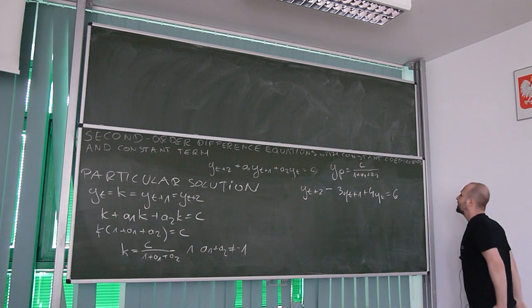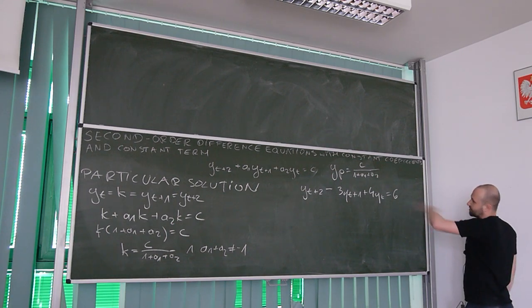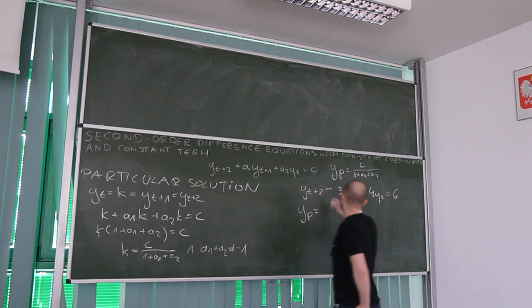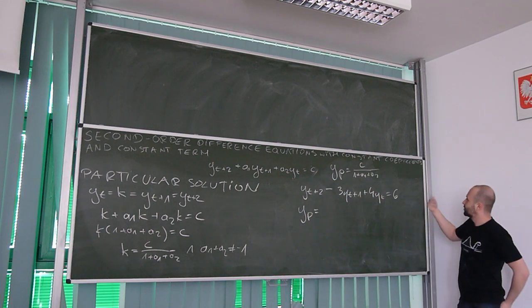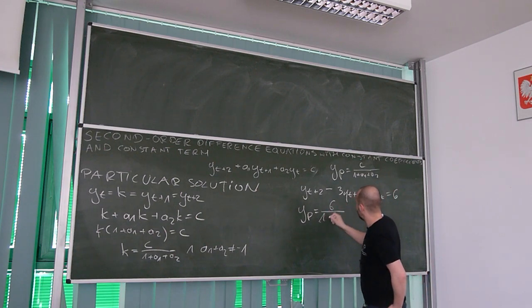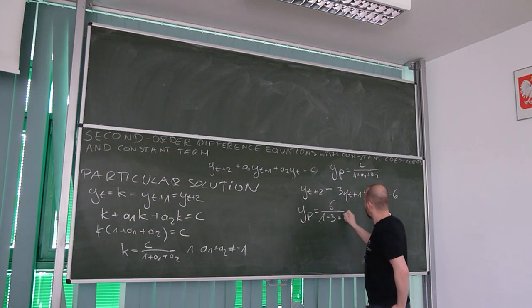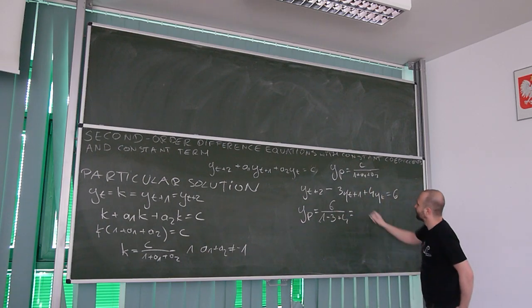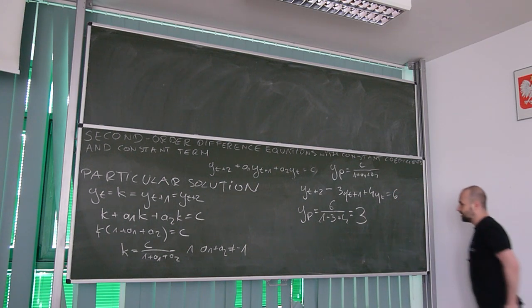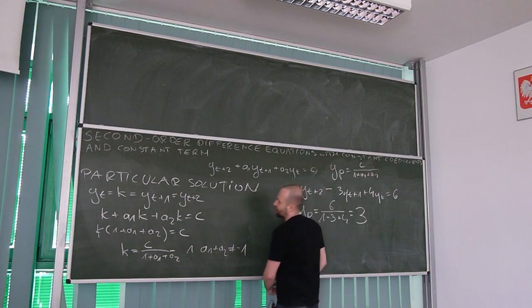So all we've got to do is substitute all the coefficients and the term into the formula here. We've got 6 over 1 - 1 + 4, which gives us 6 over 2, or simply 3. As you can see, this is not very complicated.